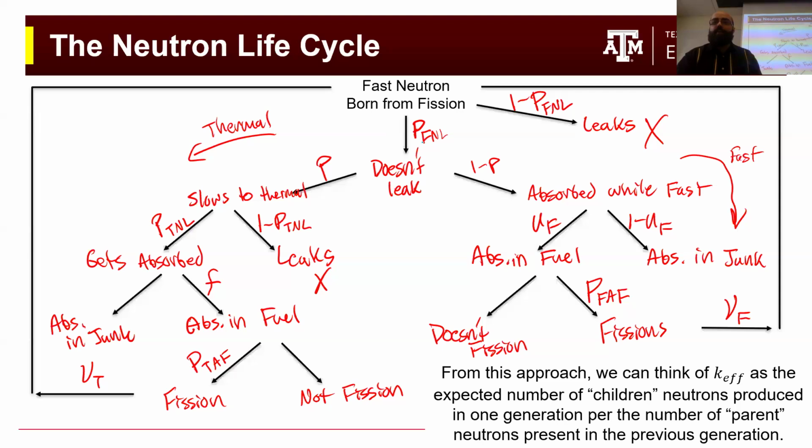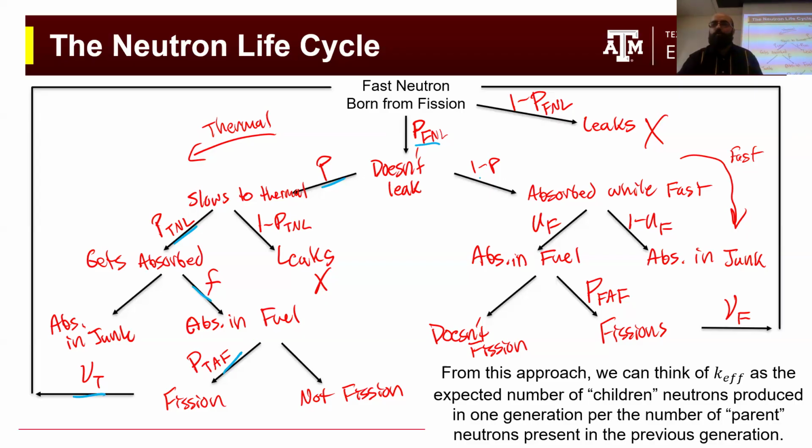So basically if I multiply all of the corresponding probabilities of all of the branches that were successful, that product is going to correspond effectively to the number of neutrons that come out of one branch.